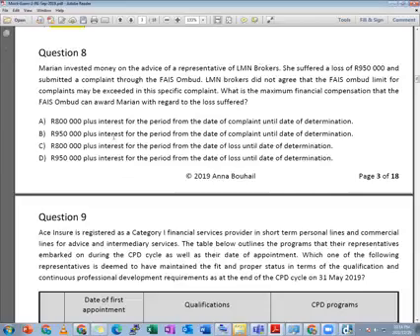If they don't, then you will be paid the maximum financial compensation that the FAIS Ombud can award you. And then it's going to be 800,000 rand plus interest from the period that your loss happened until the date of determination.